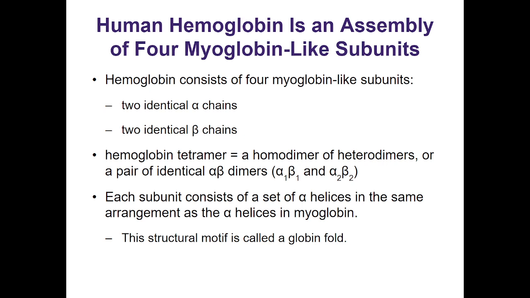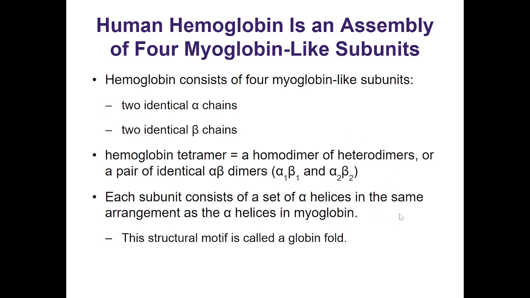And then those 2 structures, though, are heterodimers, okay? Because they have an alpha and beta subunit. Did I lose anybody with that? No? All right. Okay, so again, you're going to have a pair of identical alpha-beta dimers. That'll be alpha-beta 1, alpha-beta 2, right?